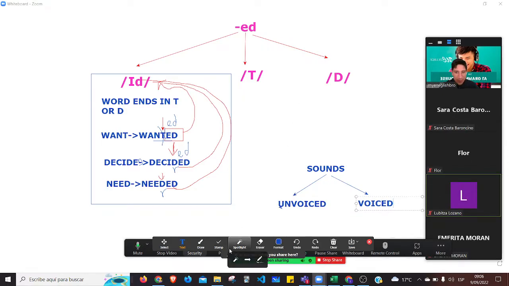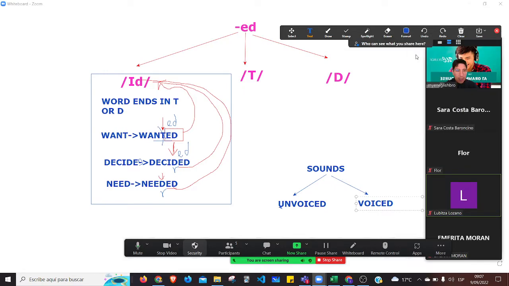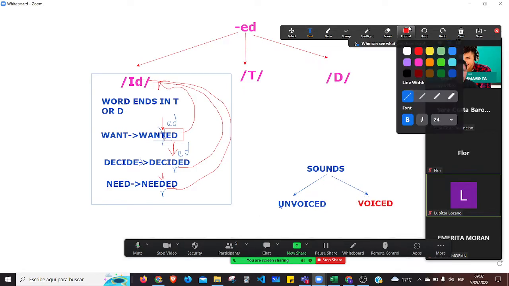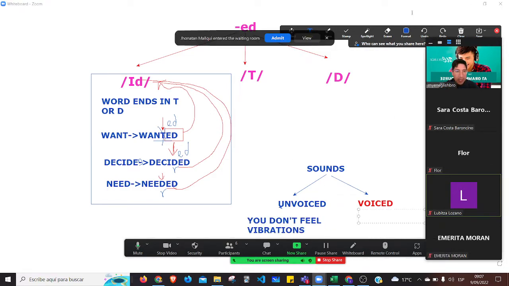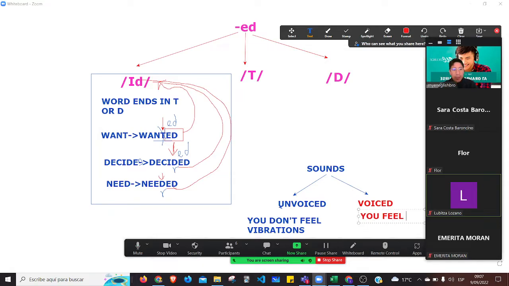What is the difference between voiced and unvoiced? When the sound is unvoiced, you don't feel vibrations in your vocal cords. But when you say a voiced sound, you feel vibrations.